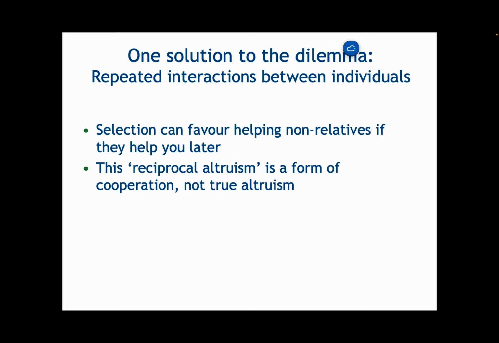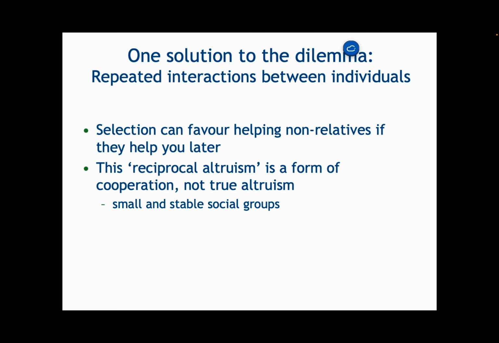So some types of organisms are more likely to evolve reciprocal altruism than others are. That is, there are some ecological factors or characteristics of a species that make reciprocal altruism easier to evolve, more likely to be seen.